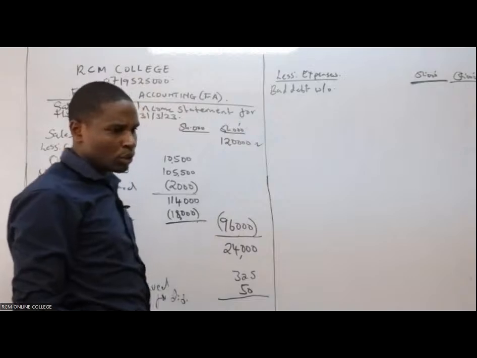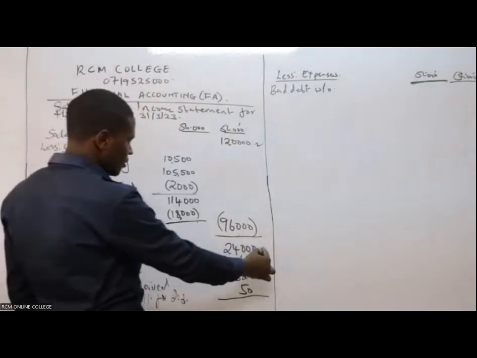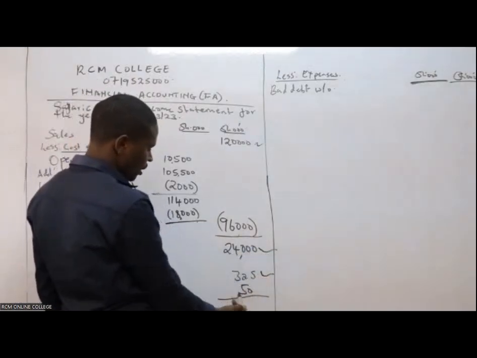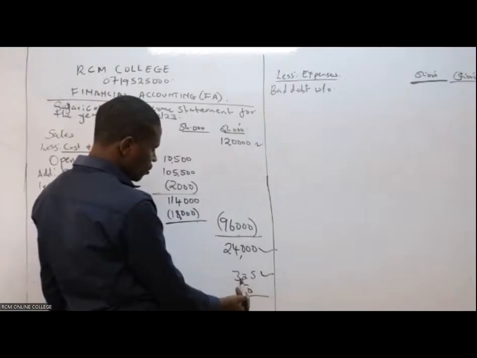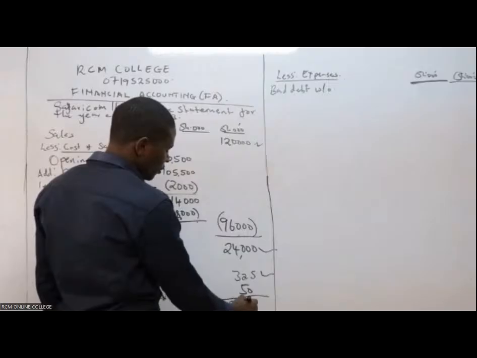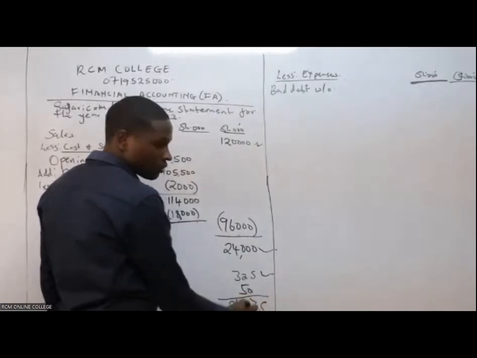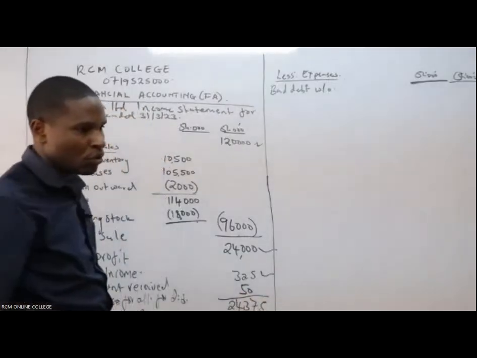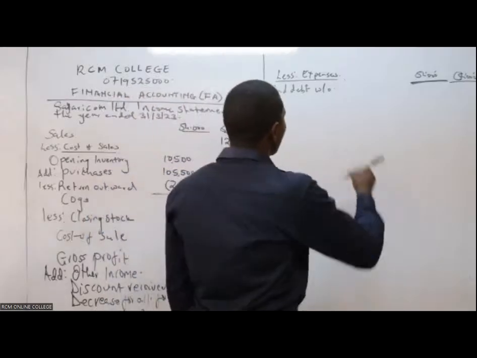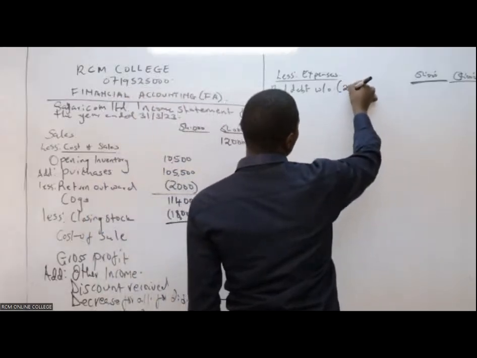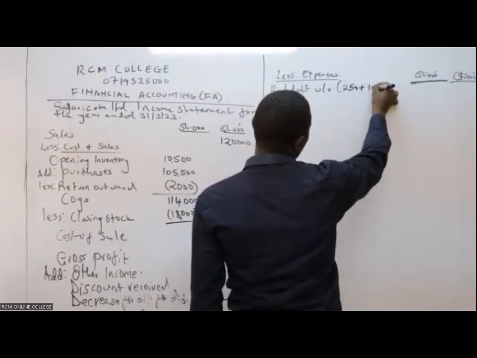So what's the total here? Just add this. It will be 23, 24, 375. So bad debt written off, we had the 250 for that month plus what we had.